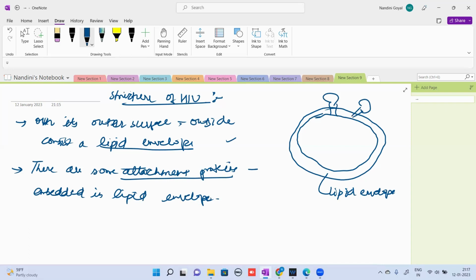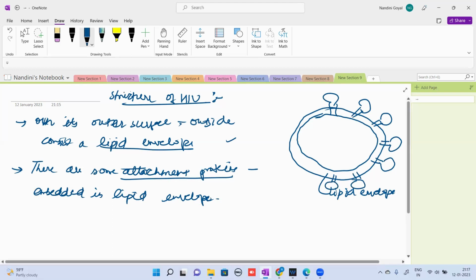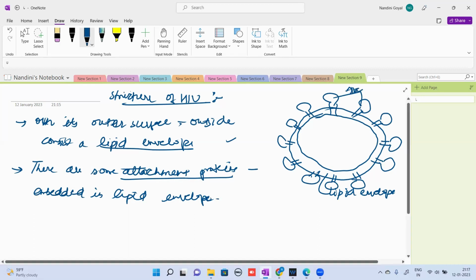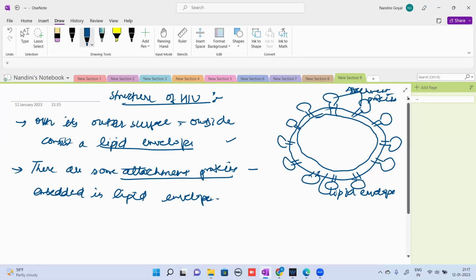These are the attachment proteins embedded in this lipid envelope like this. As the name suggests, these proteins help in attachment. So this is an envelope and these are the attachment proteins.